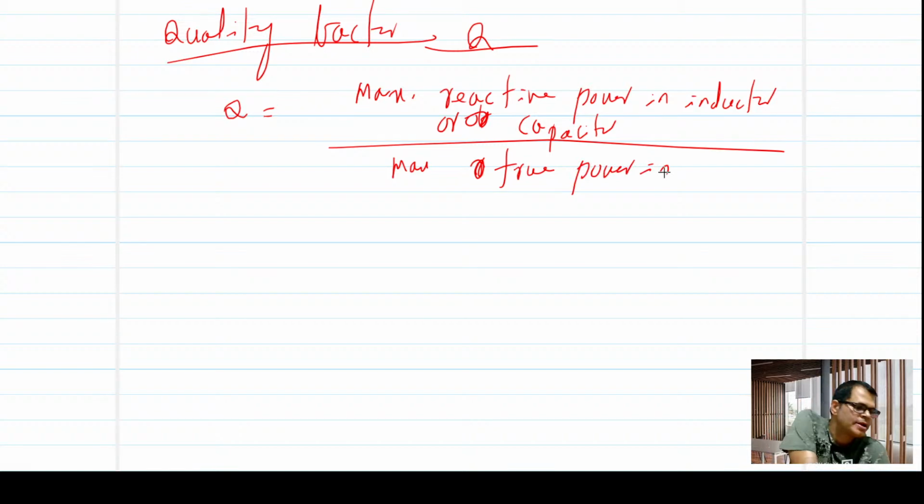True power in where? Resistor. Right? True power is in the resistor, reactive power in the inductor or capacitor. So these are the definitions.